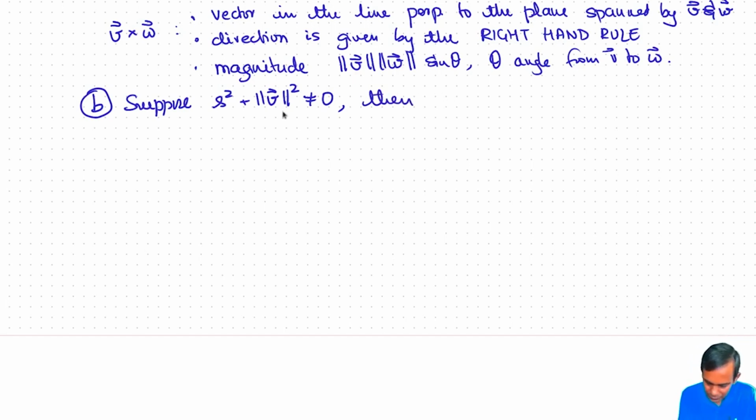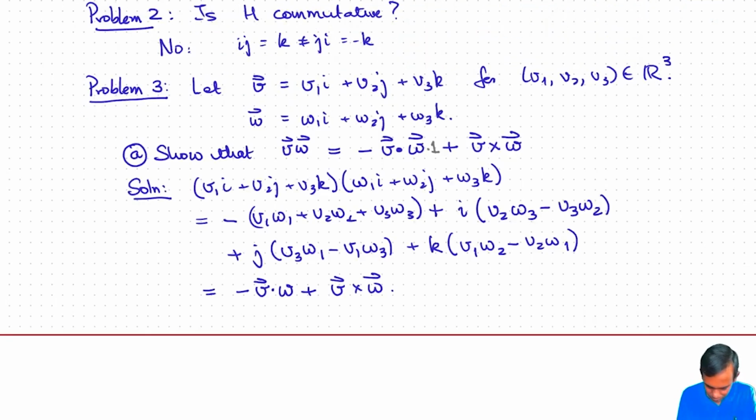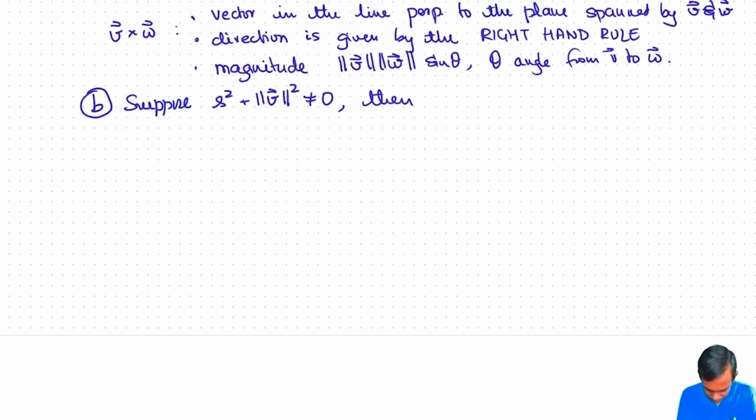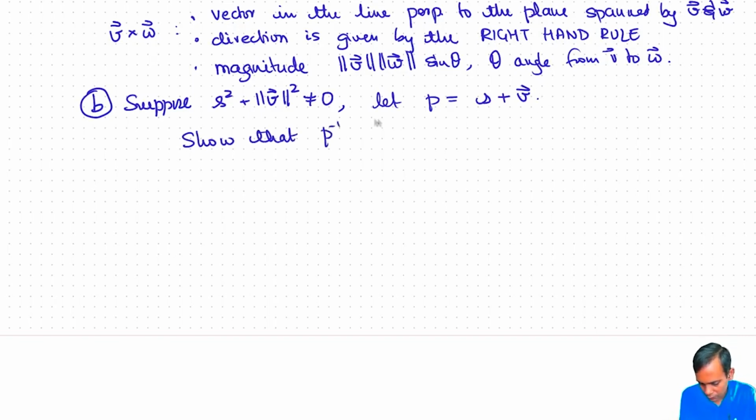Let P be the quaternion given by S times the identity, S times 1, plus V. Show that P inverse is equal to S minus V divided by S squared plus norm V squared.